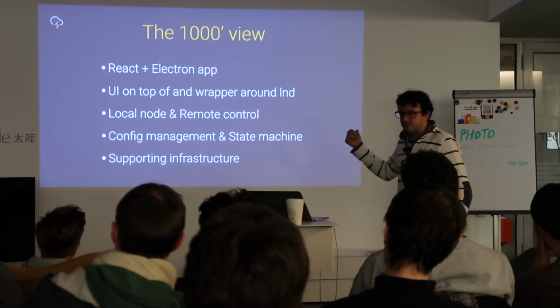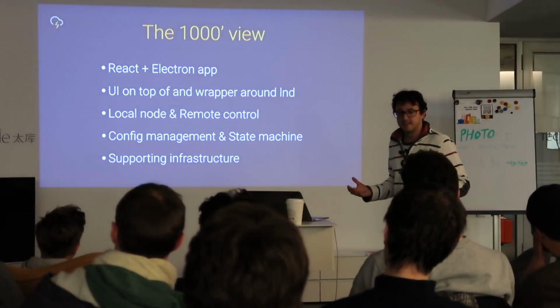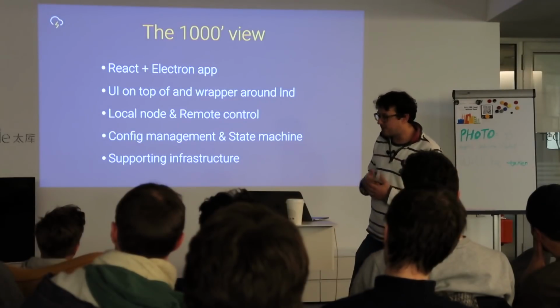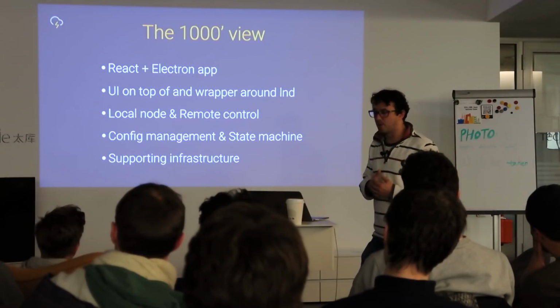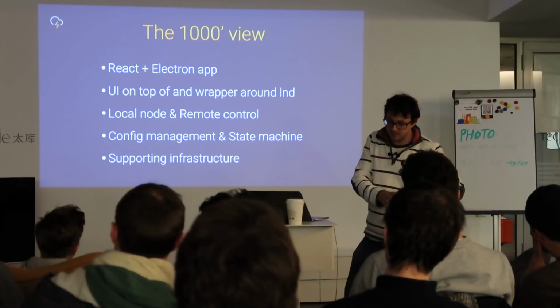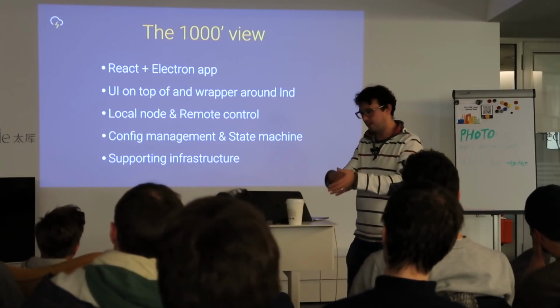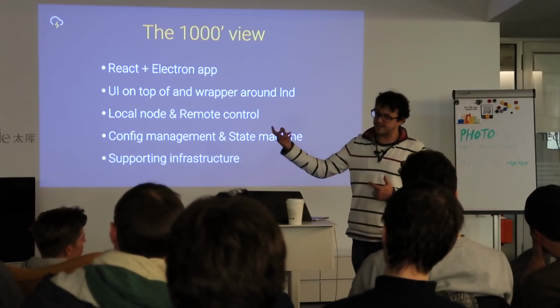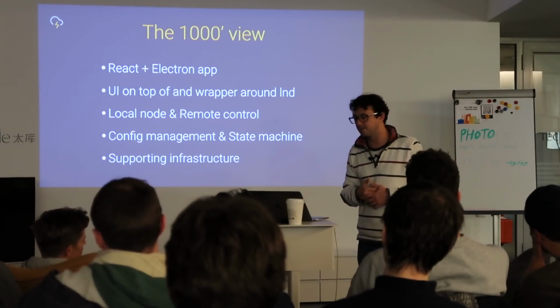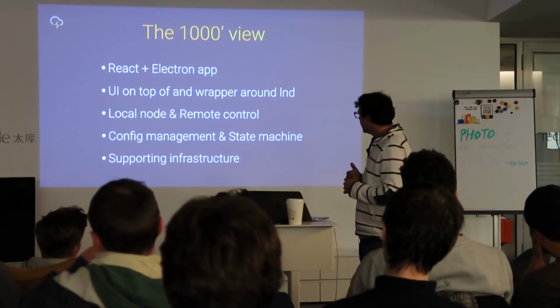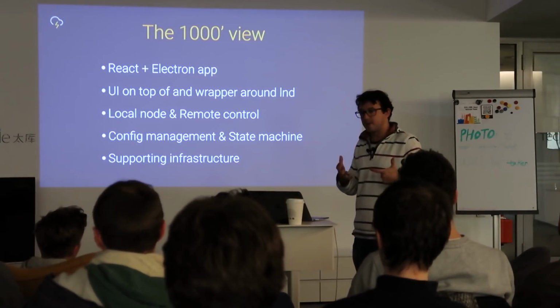Essentially it really is just a wrapper around LND. We've built into it support for running LND locally on your machine, so you can run LND via Zap Desktop. You can also connect it to a remote node as well. In both cases, it's just working as a remote control.